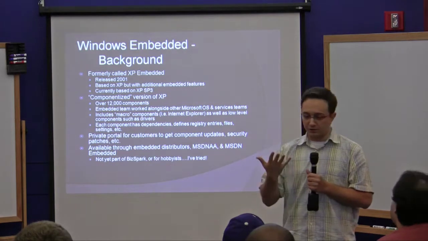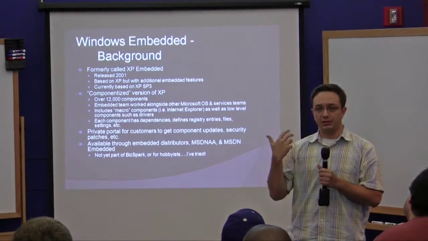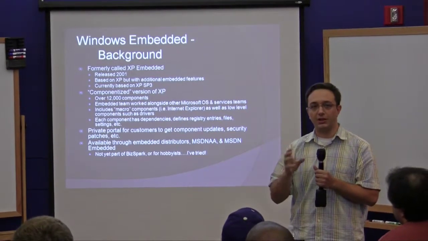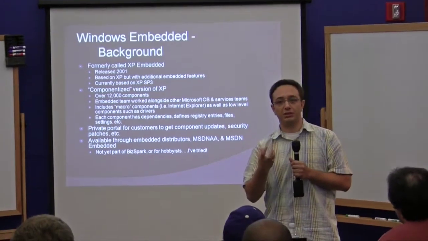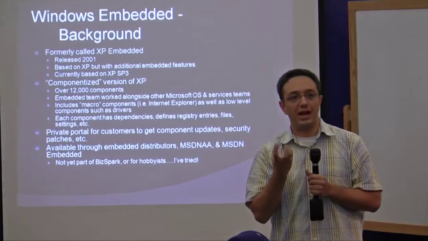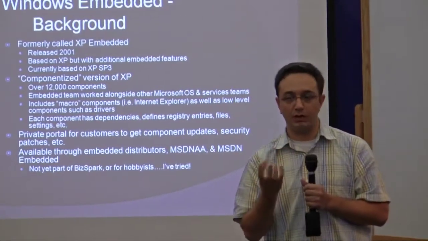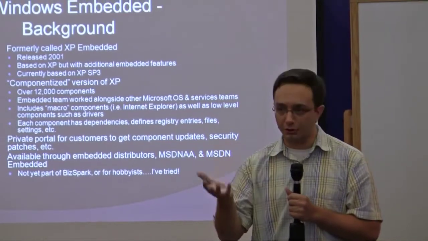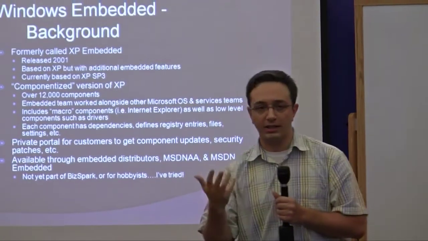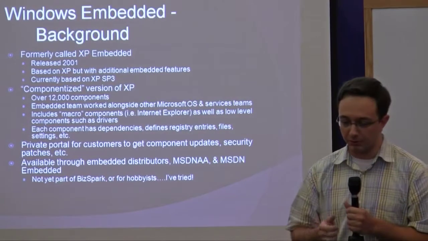And it defines registry entries, file settings, and all of that stuff, so that when you pull that component into your image, it can build that just like it would exist on a regular XP. They also provide patches for security updates and any new things that come out with subsequent releases.